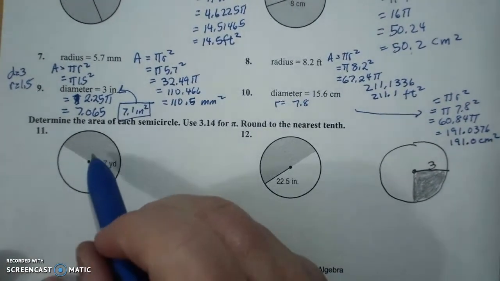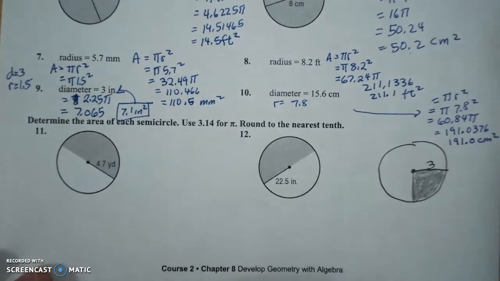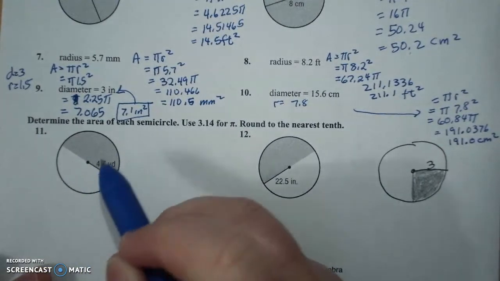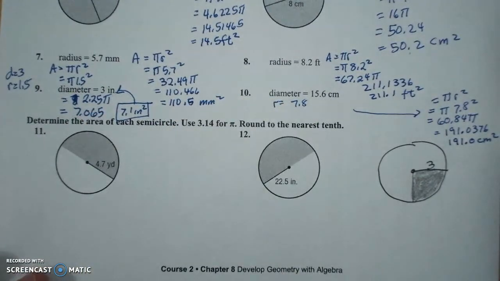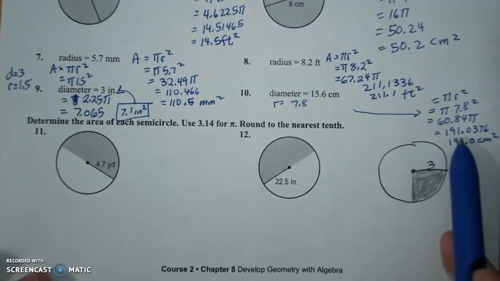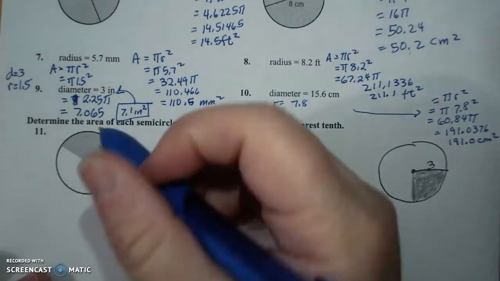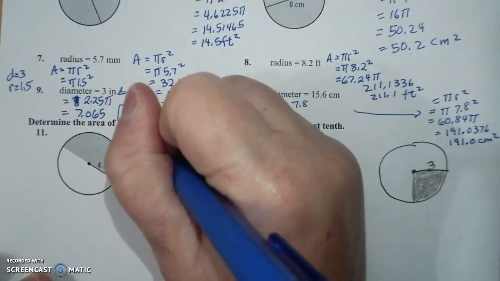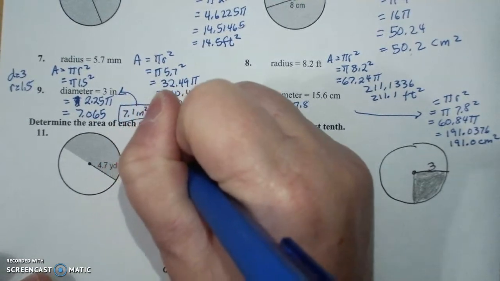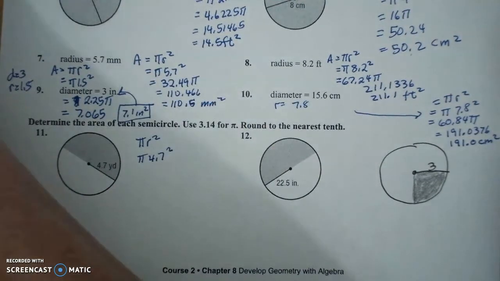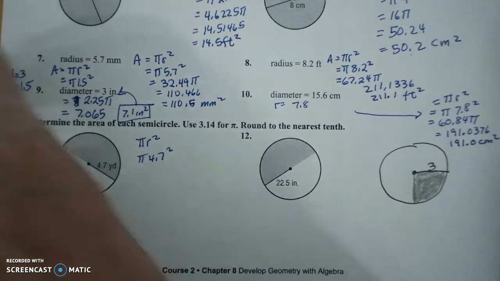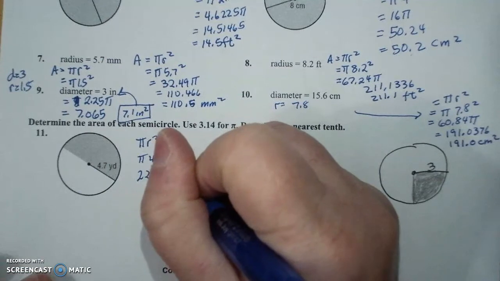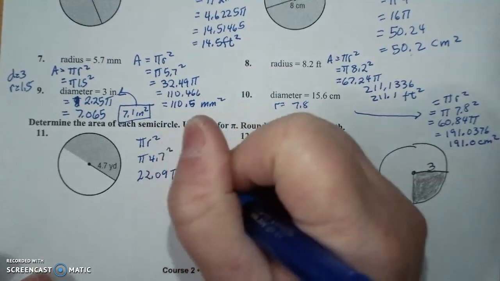You saw the video, and this is a half circle. So if you want to just cover half of the circle, find the circle, and at the very end divide by 2. And you're going to divide by 2 before you round. So, here we go. Pi r squared, pi 4.7 squared, 22.09 pi.